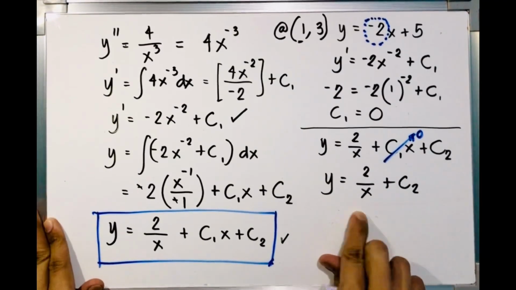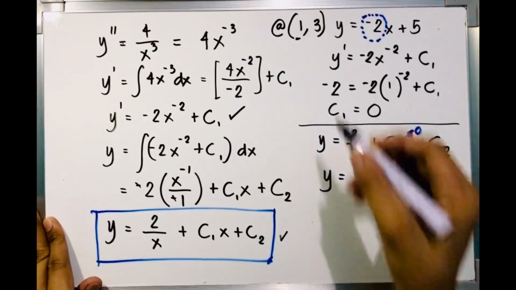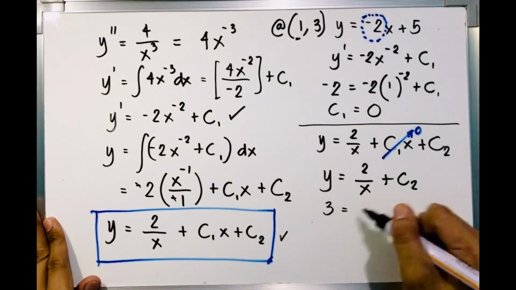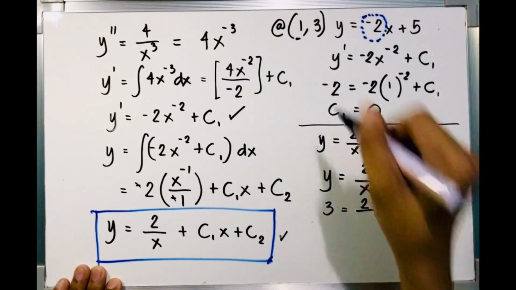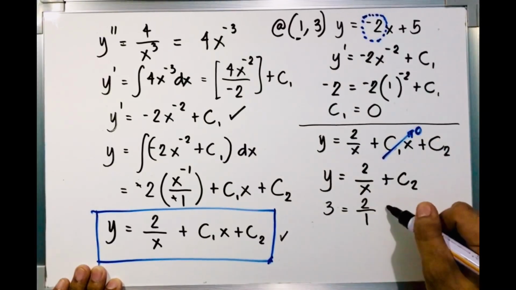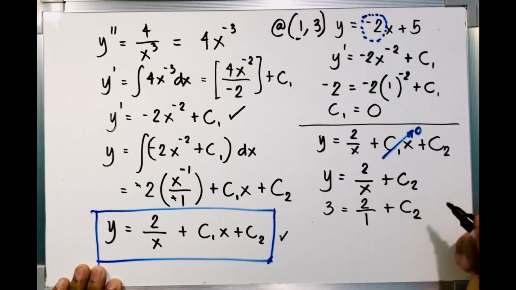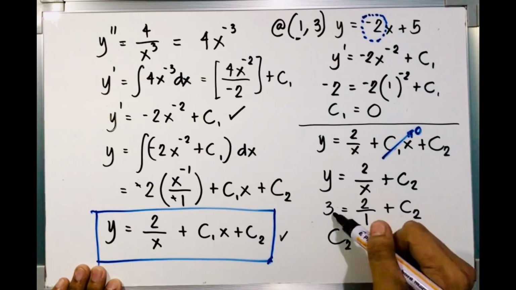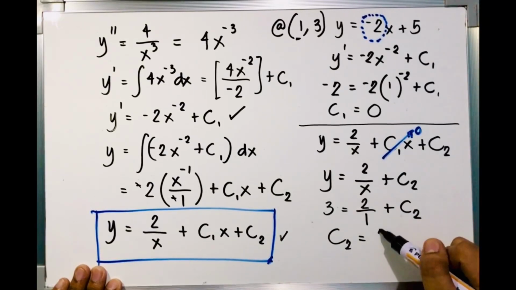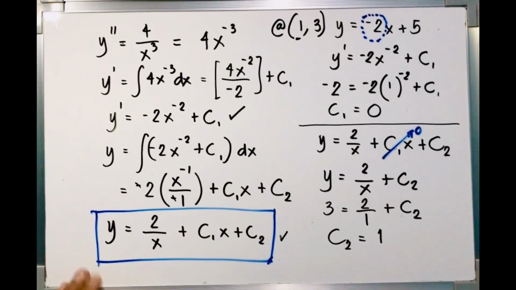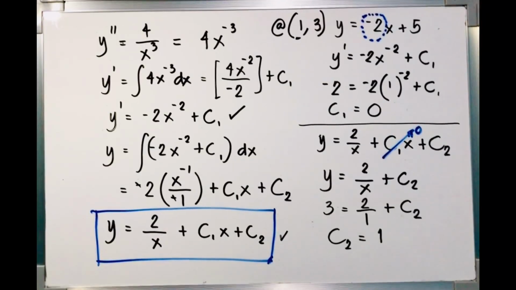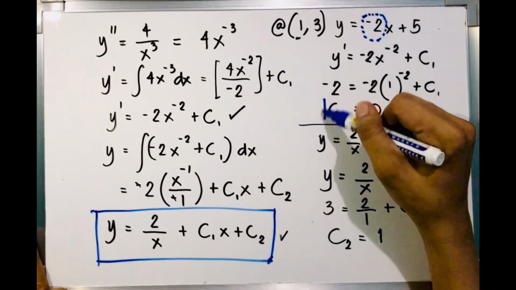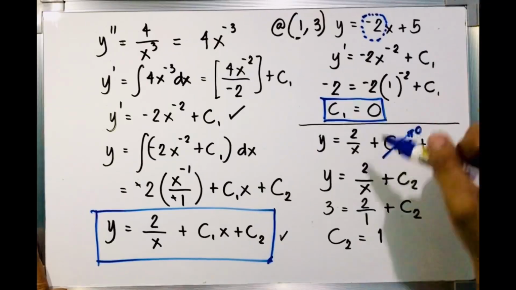Sige, gawin natin step by step para hindi nakakalito. So, my y is 3. And then 2 over my x is 1 plus c2. So, mangyayari dito, c2 is equal to 3 minus 2, which is 1. Okay? So, we now solved for c1 and c2 in this problem.